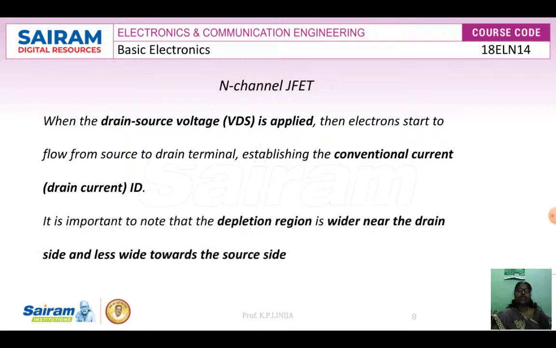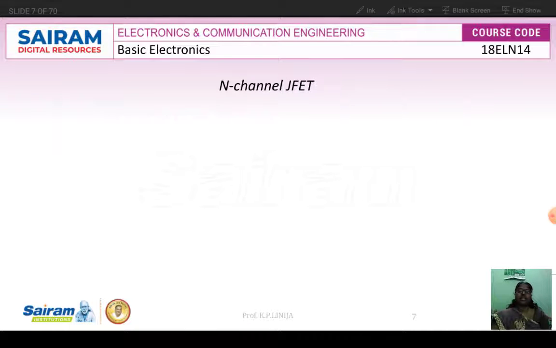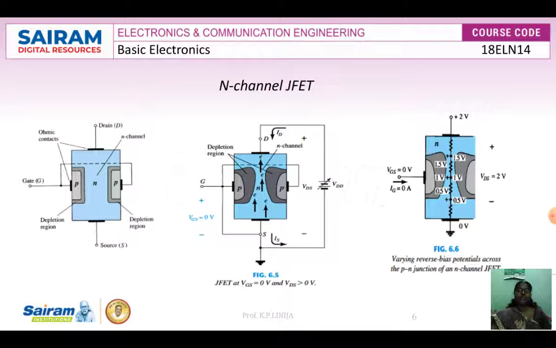Then, if you want to see the operation, let us see that the bias voltage VDD is applied in the second diagram, and there are three basic operating conditions. The first operating condition is VGS equal to 0. So at VGS equal to 0, what is happening to the N channel JFET?